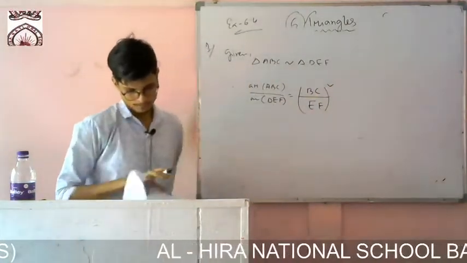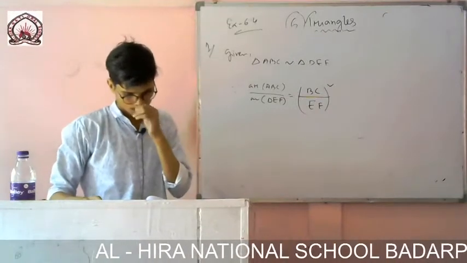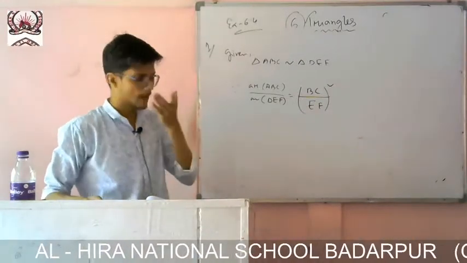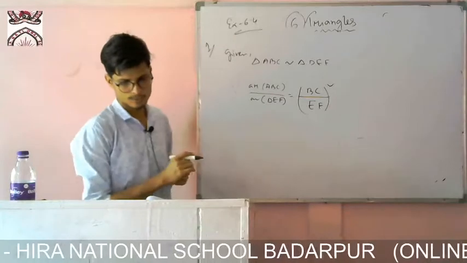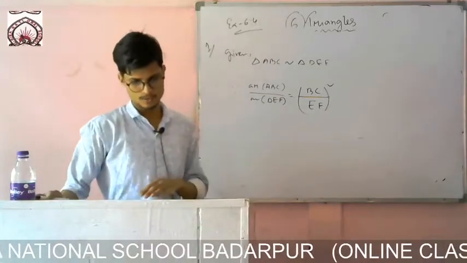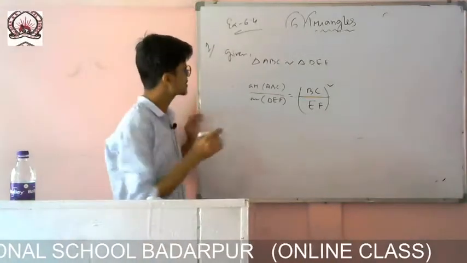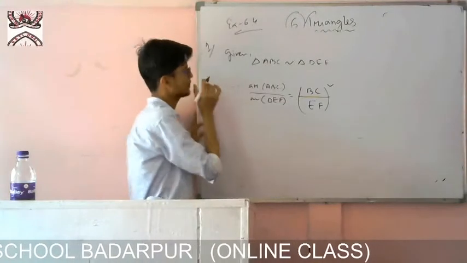This one we know from the theorem, the last theorem which we have done. Or if you want, you can write like this: the ratio of the areas of two similar triangles is the square of the ratio of their corresponding sides. It's better you write since, because it is the first time you are solving.